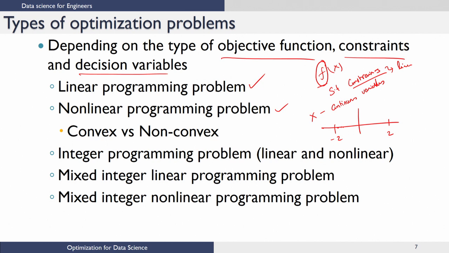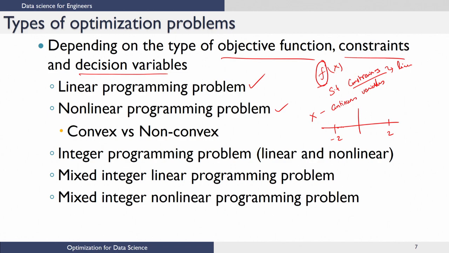So, whether a nonlinear programming problem is convex or non-convex is an important idea in identifying how difficult the problem is to solve. This idea of convex and non-convex, very briefly without too much detail, we will see in the next few slides. Nonetheless, I just wanted to point this out here.